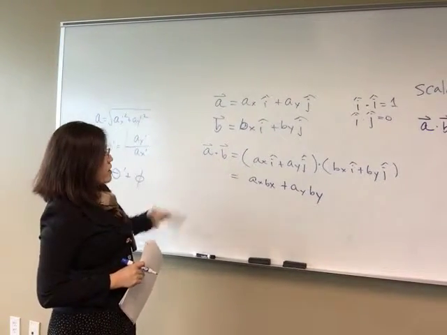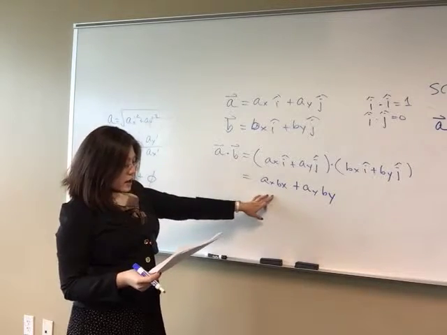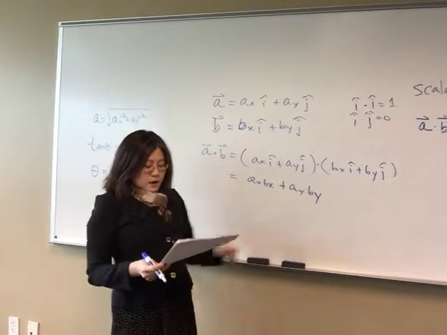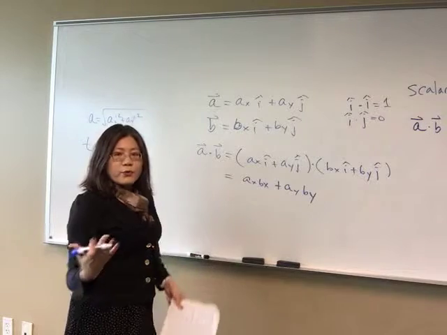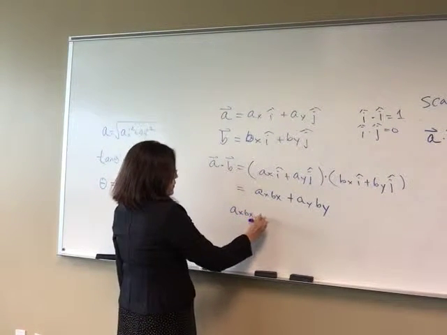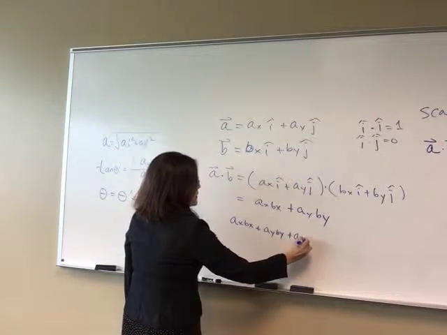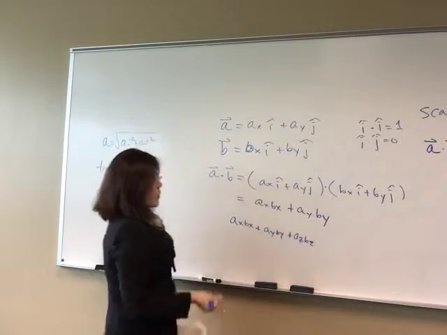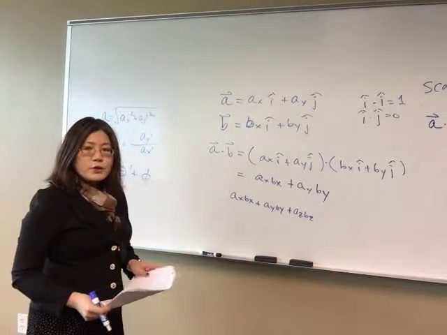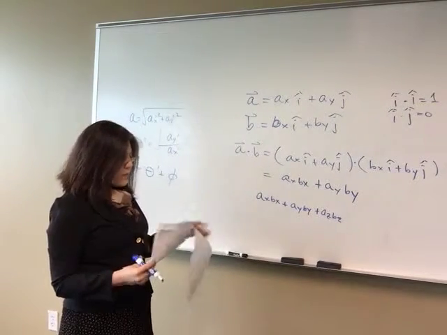So in unit vector notation, A dot B is equal to AX BX plus AY BY. If you extend it to three dimensions, you add the Z components as well. It's just like two numbers multiplied together. So this is the scalar product.